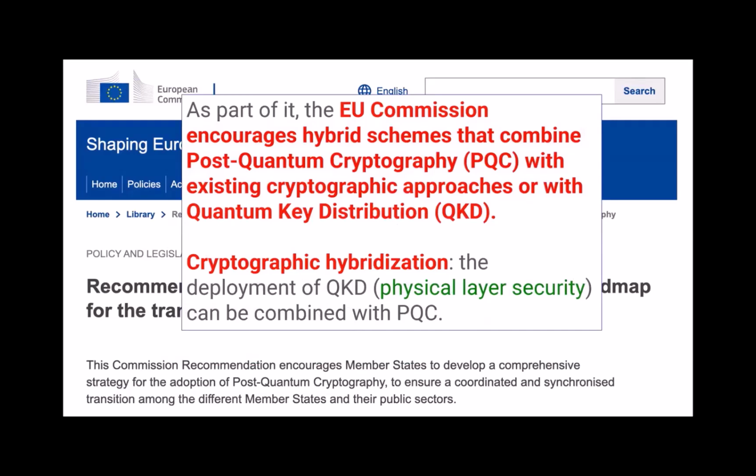The EU Commission encourages hybrid schemes that combine post-quantum cryptography with existing cryptographic approaches or with quantum key distribution. So what we believe this means is that we may need to do cryptographic hybridization, which means the deployment of QKD, but not only QKD, physical layer security, to be combined with post-quantum cryptography.